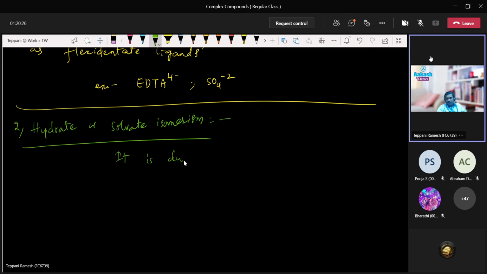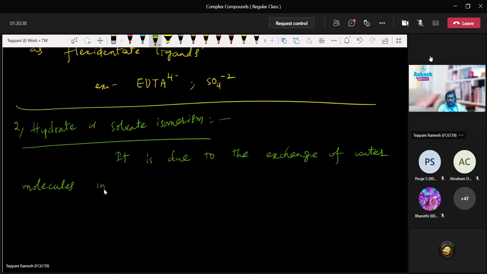This is due to the exchange of water molecules in and out of the coordination sphere.